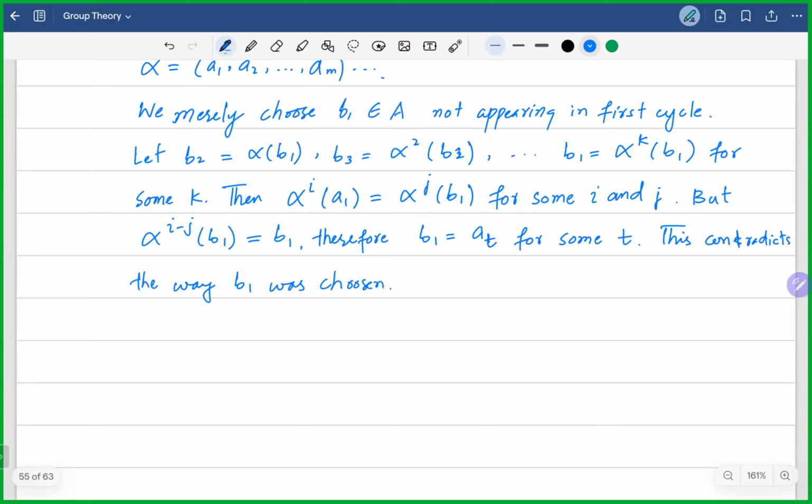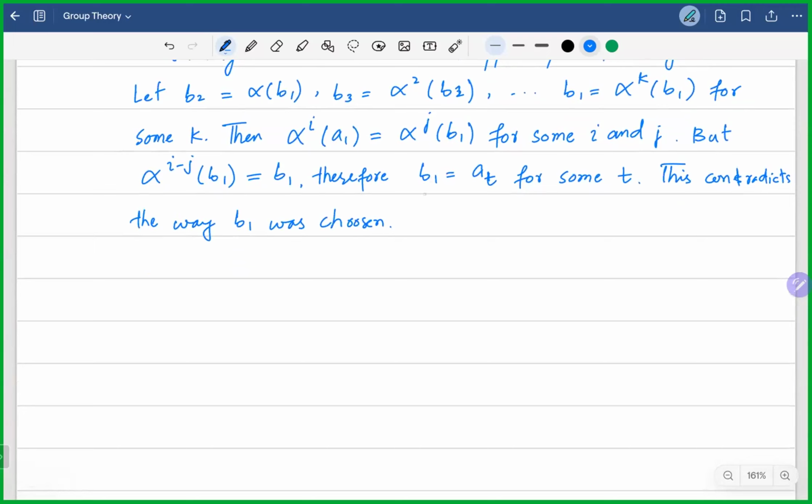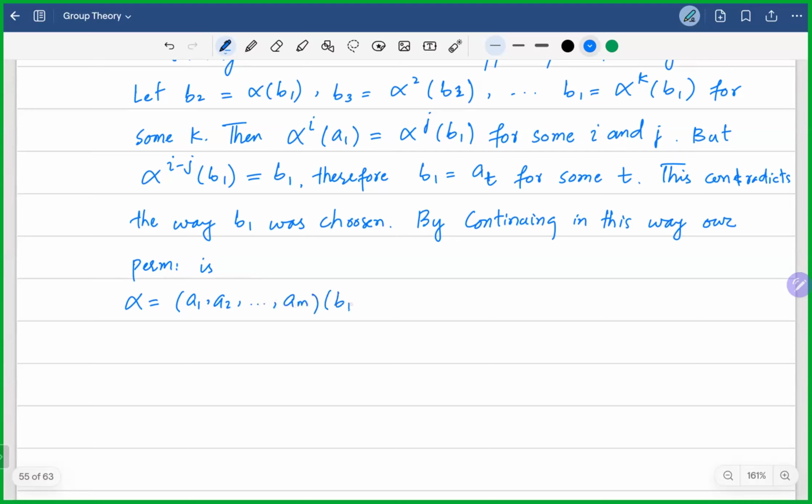And continuing this process until we run out of elements of A, our permutation will appear as alpha equals (A1 A2 ... Am)(B1 B2 ... Bk)(C1 C2 ... Cs).